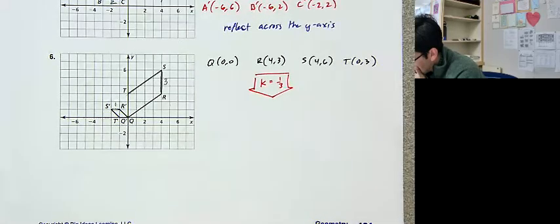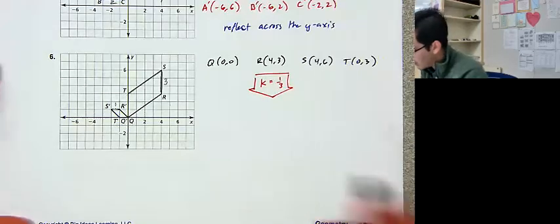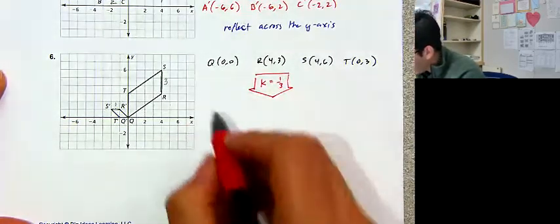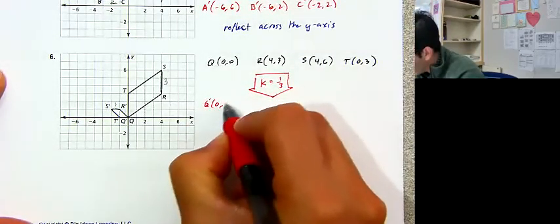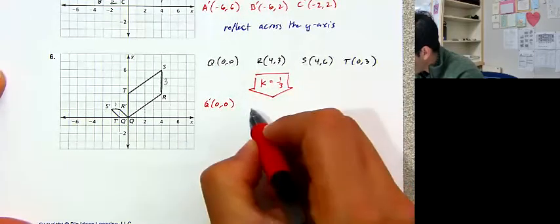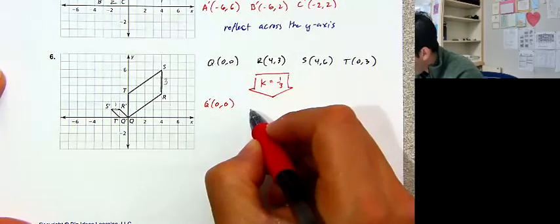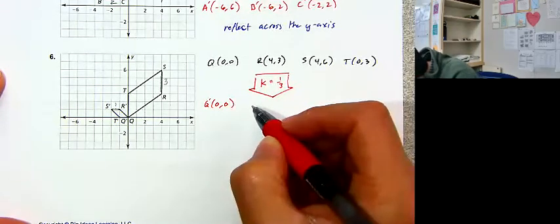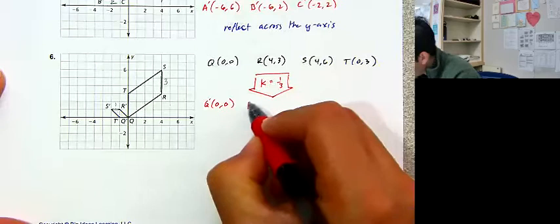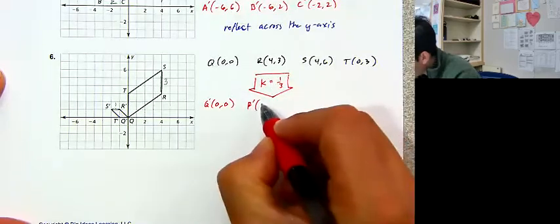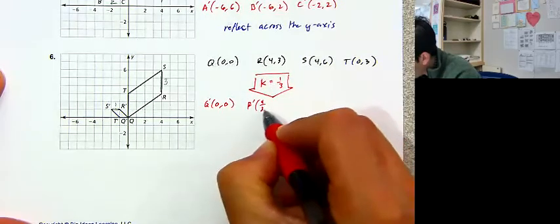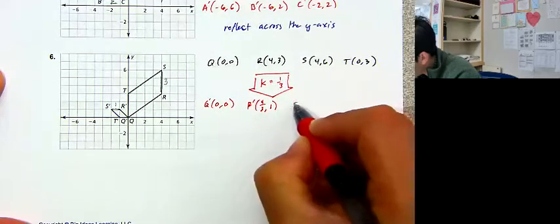Is that right? Well, let's see what happens. If I multiply these by 1/3, it's just 0, 0 still. If I multiply those by 1/3, it's going to be 4/3 and 1.